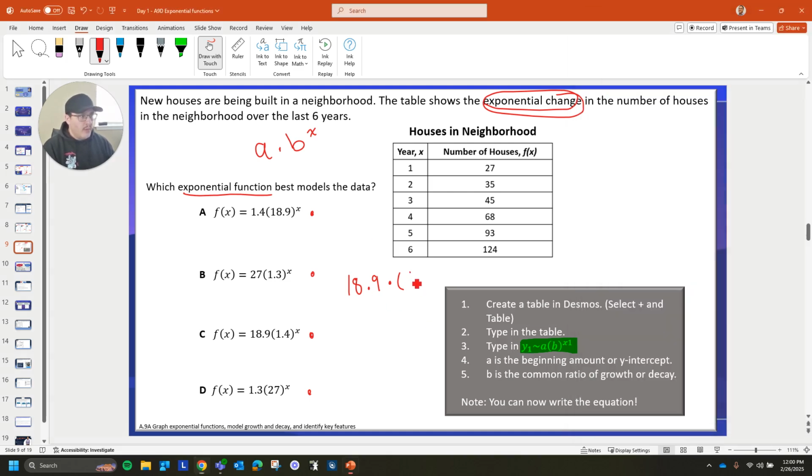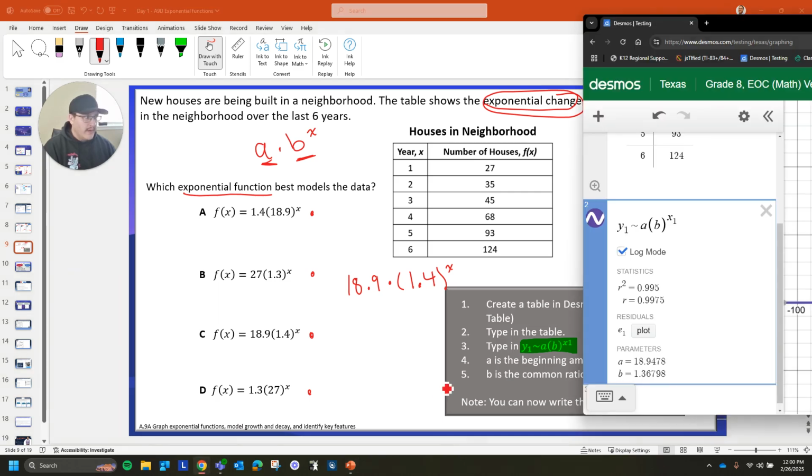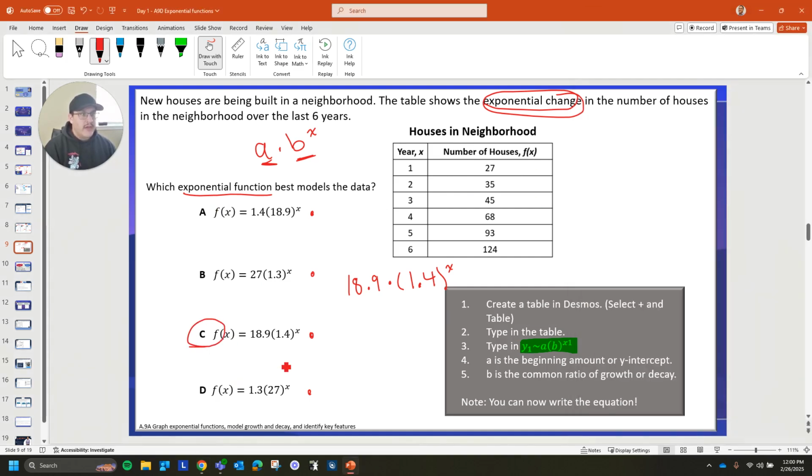So b is 1.4. And then we have the little x right here. Again, a and b are being modeled as 18.9 and 1.4 based on the equation that we just put. Well, which of these answers models this graph or this table right here? The only one that models it is C: 18.9 parentheses 1.4 raised to the x power.